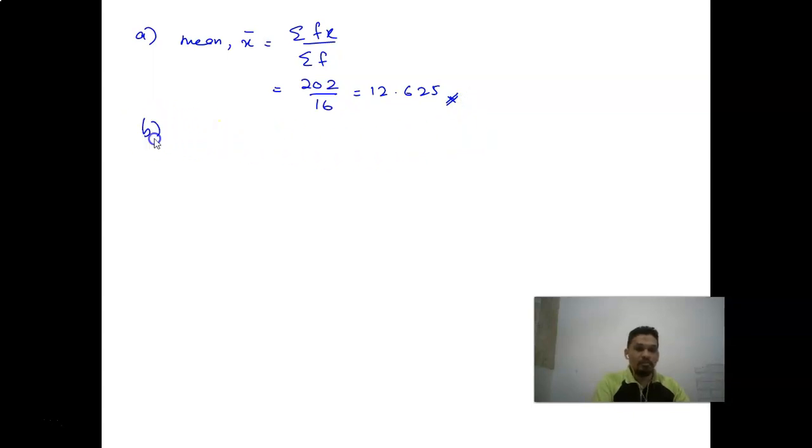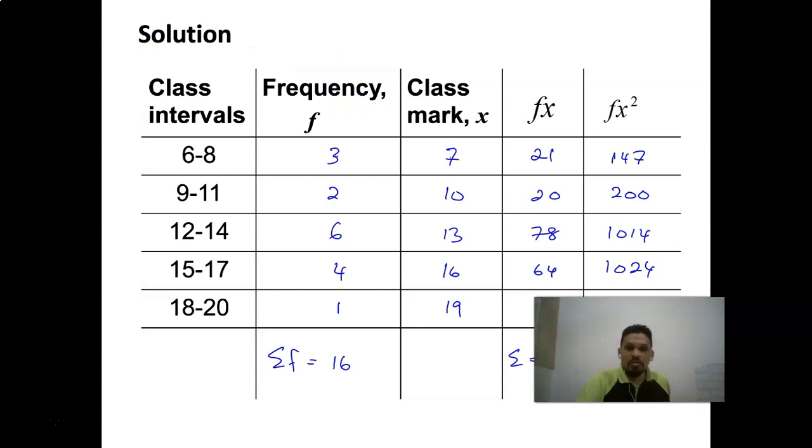Then B, the mode class. Mode means the class with the highest frequency. So according to this table, the highest frequency here is 6, with class size 12 until 14.